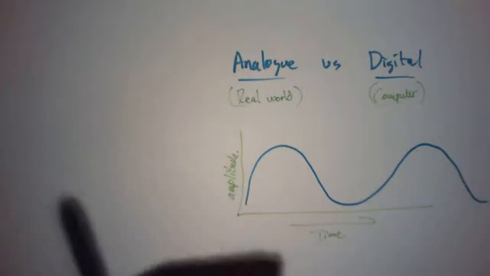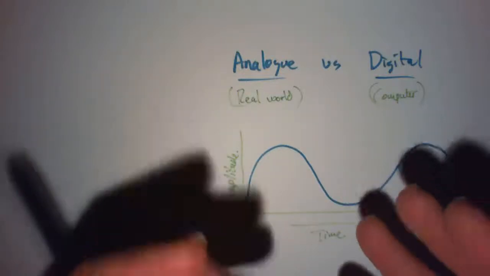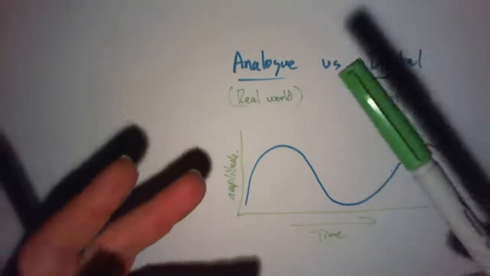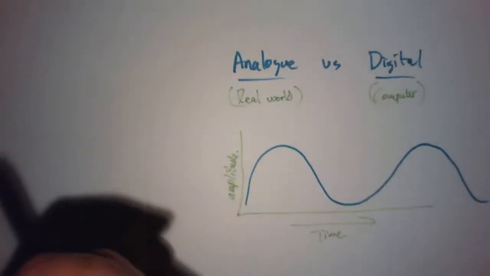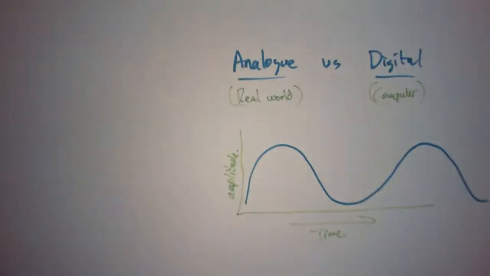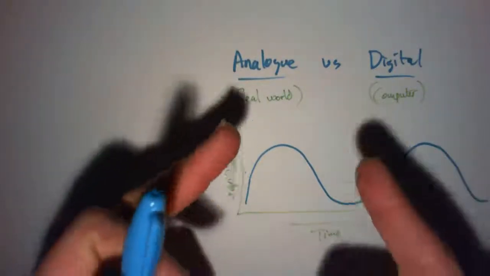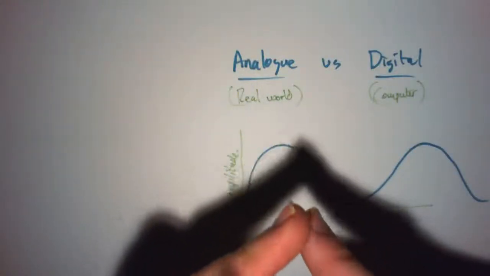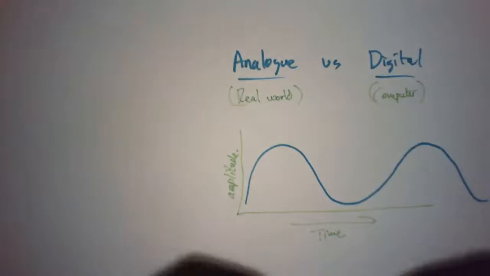Continuous data was height or time or weight or speed. You could always pick any two heights and find another height in between them. It was continuous, whereas discrete was shoe size.